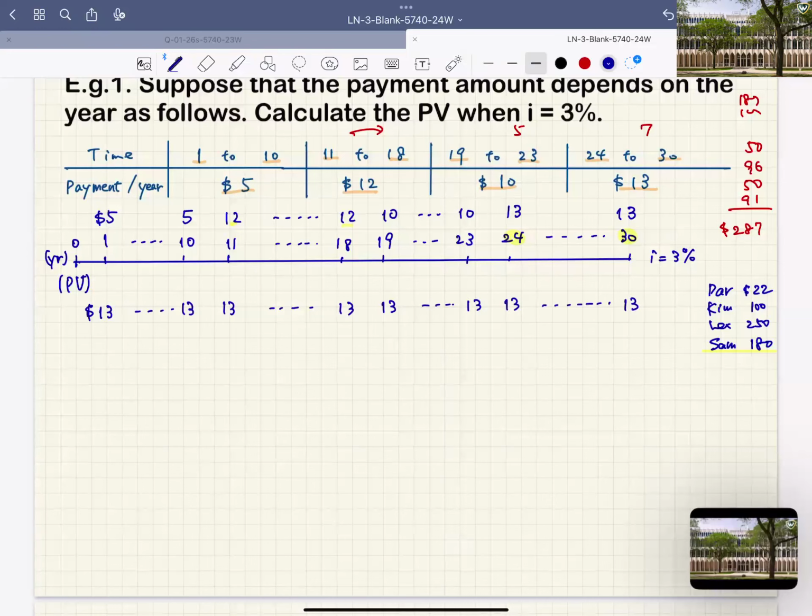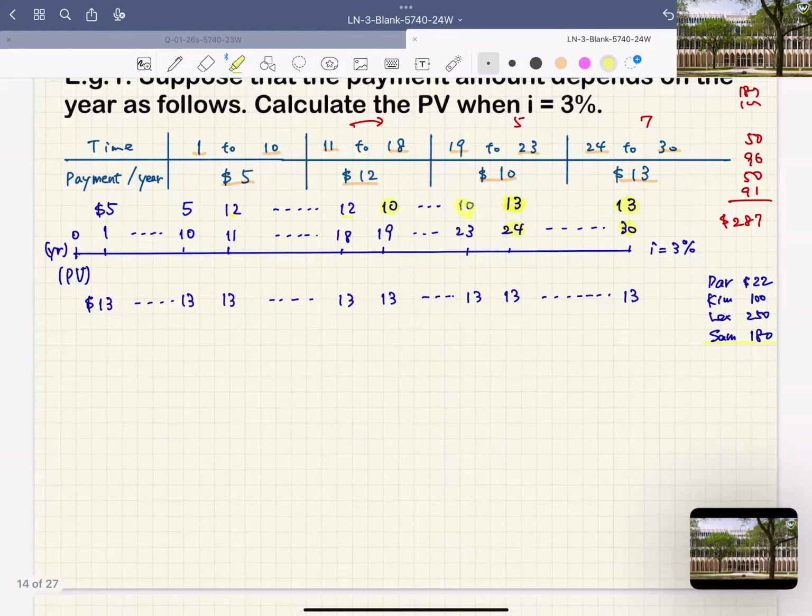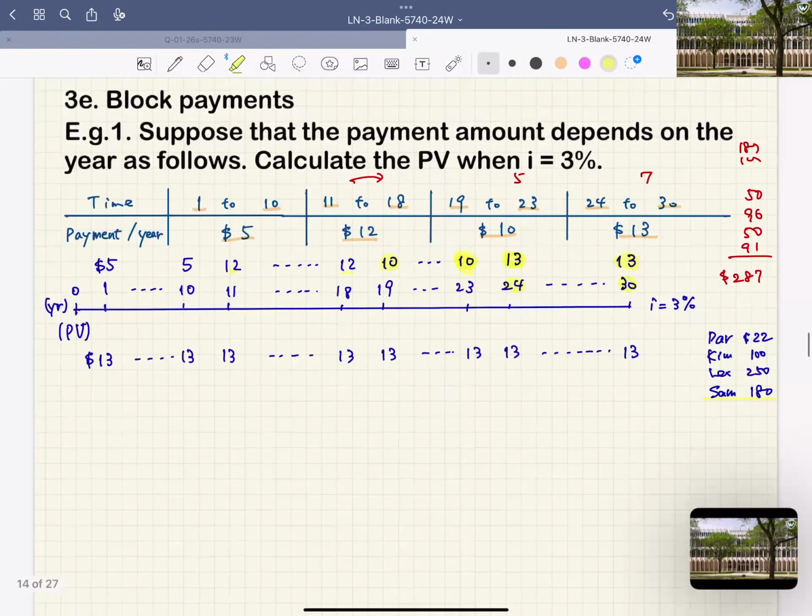So we make that first. Because the 13 is the last payments. Then after that, we adjust the payments to make it 10. So 10 is the next payments. So the payments which are distant from present, but closer to 0 compared to $13 payments of 7 times.